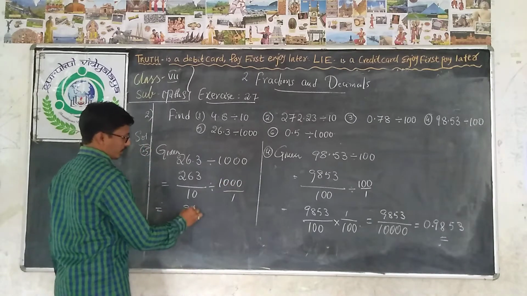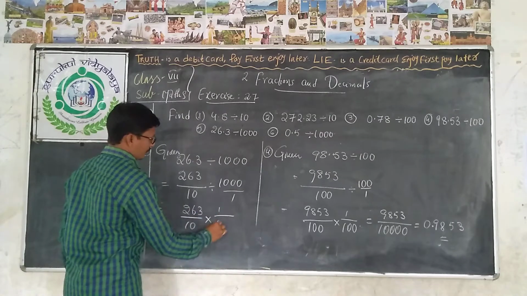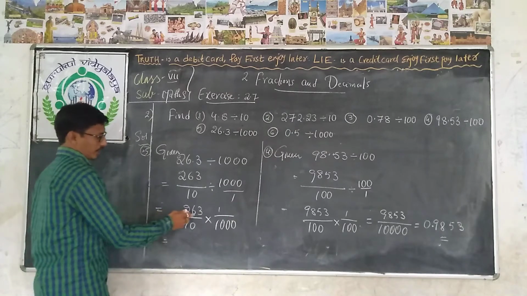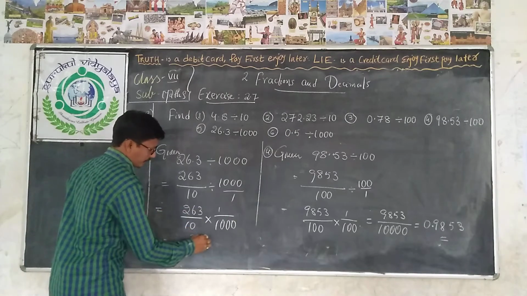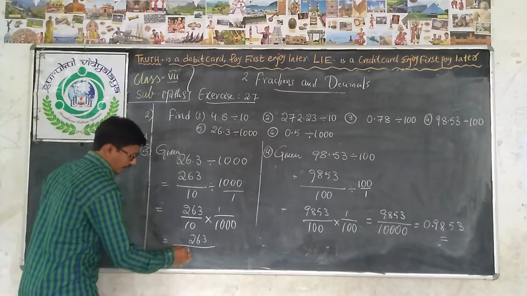That is equal to 263 by 10. So change into multiplication, 1 by 1000. 263 into 1, 263. 1000 into 10, 10,000.